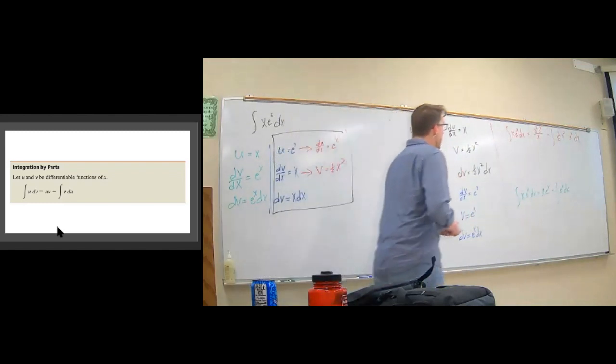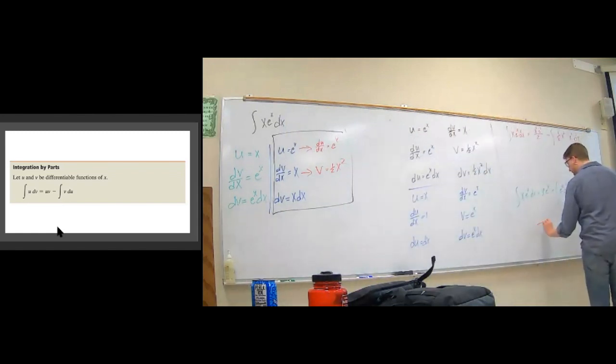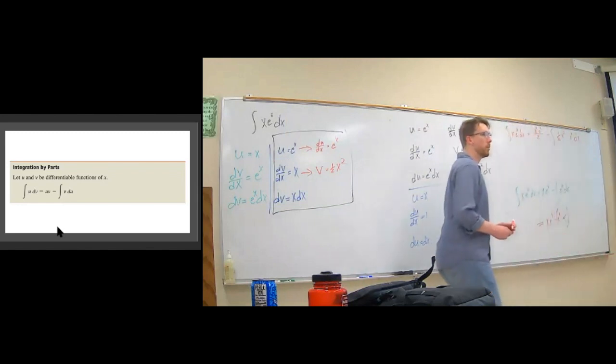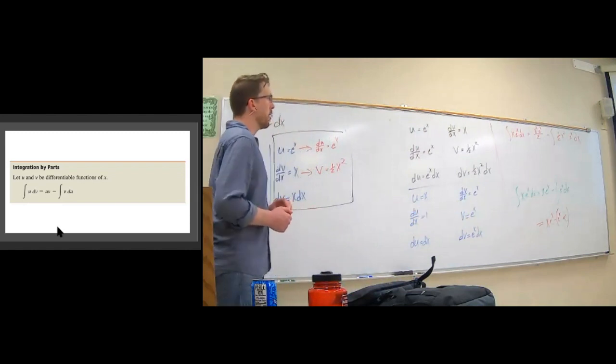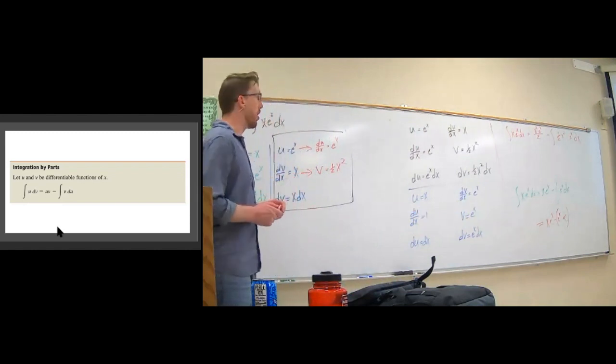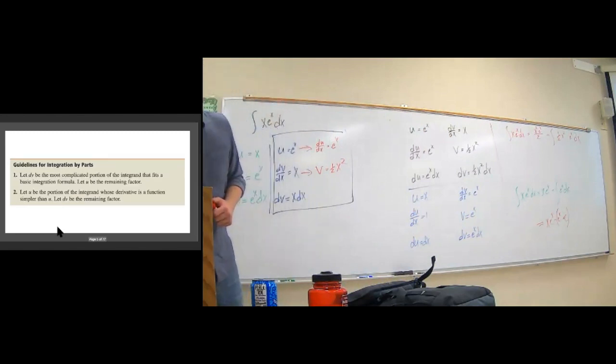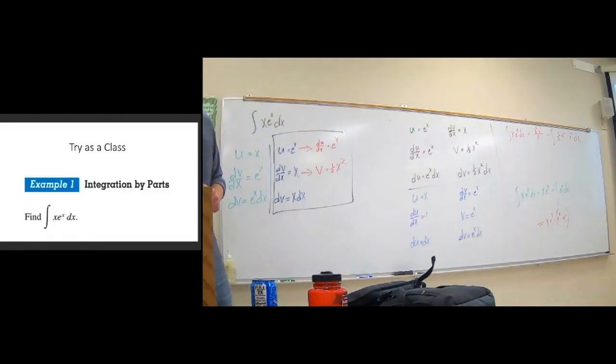This integrates out to be x e to the x minus e to the x plus a constant, right? So this is the power of integration by parts. It lets you say, I don't know how to solve this integral, but I can rewrite it by breaking up my function into the product of other functions. And when I do that, that gives me something I might be able to solve.